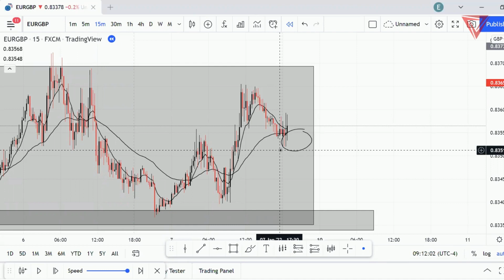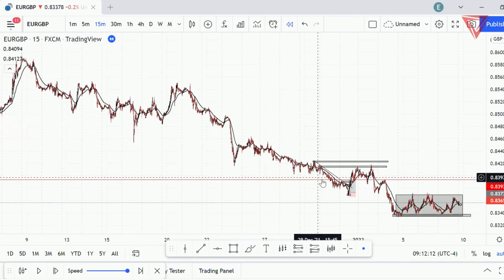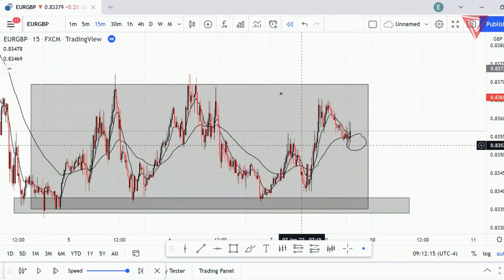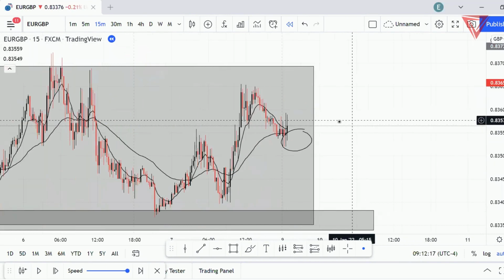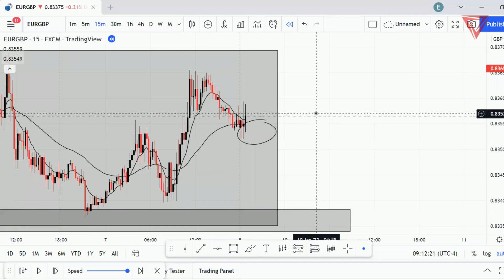So faster moving averages, entries; slower moving averages, direction. You don't need to use slower moving averages, because if you can already discern that Euro GBP is overall bearish, you don't need moving averages to tell you that. Yes or no?